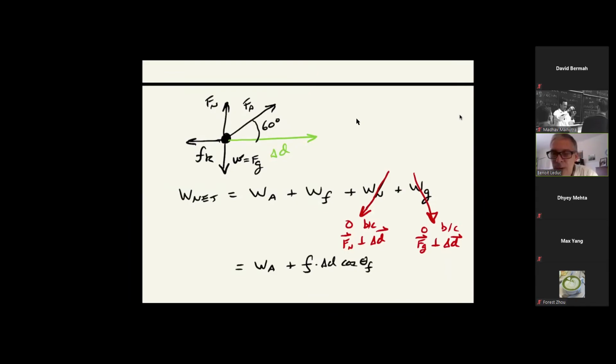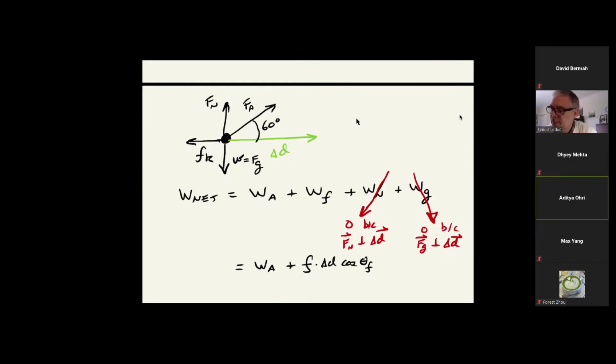Can anyone tell me what this angle is? Okay, Aditya? 180. Absolutely. Very good. Excellent. So you can see that this angle is always between the displacement and the force. So in this case, it's 180.